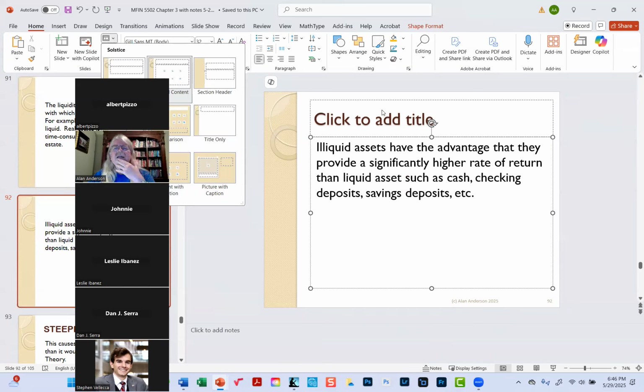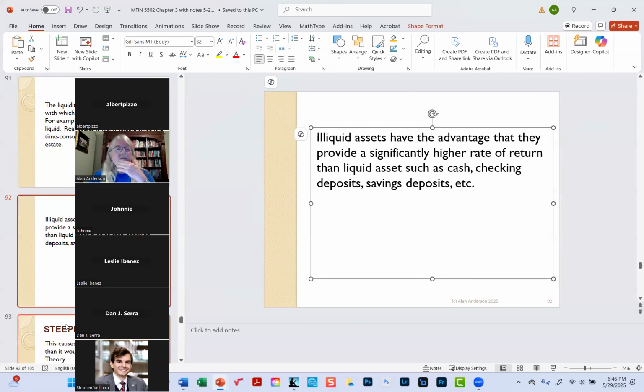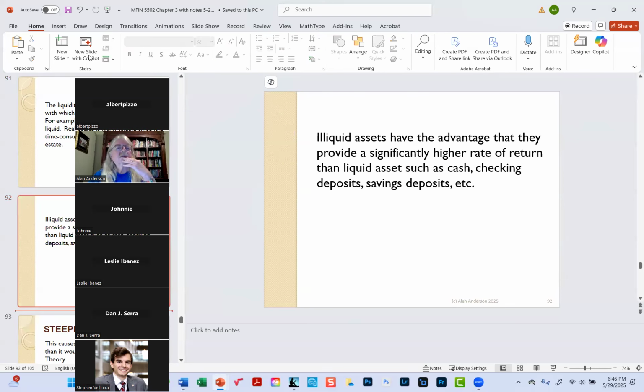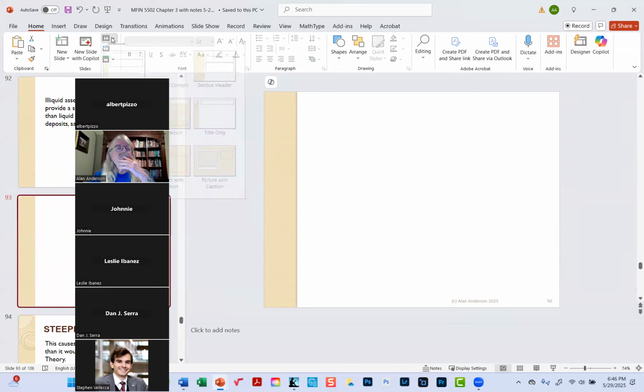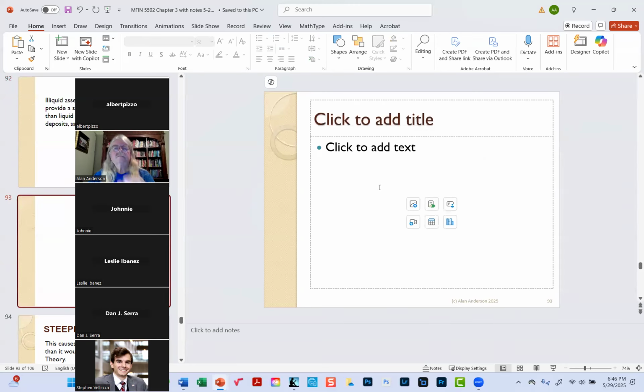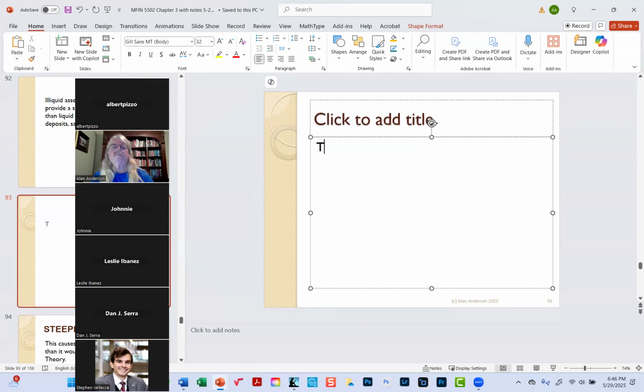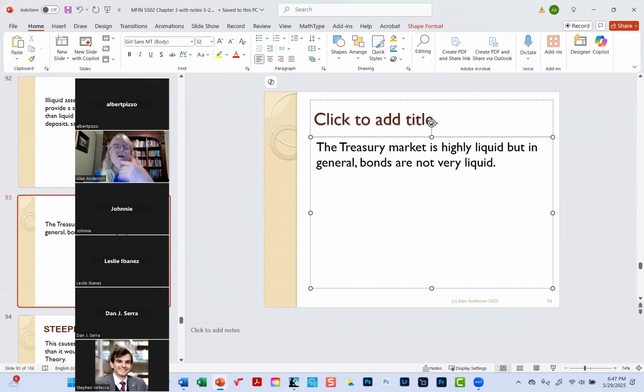Now, it turns out that while the treasury market is highly liquid, in general bonds are not very liquid. Probably less so than stocks, let's say.